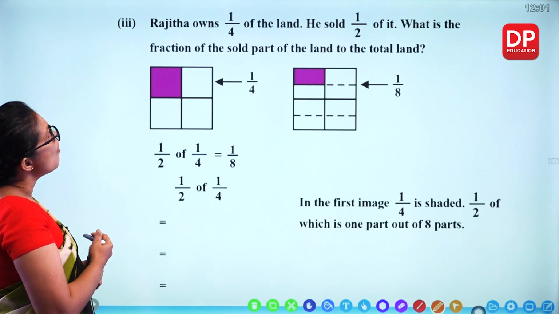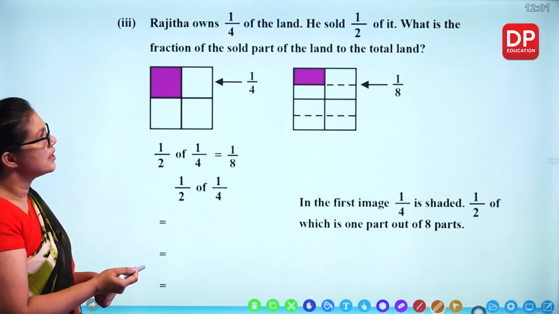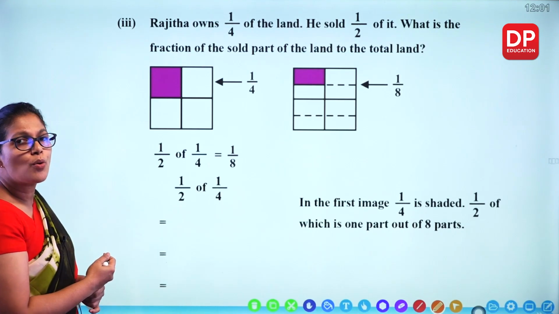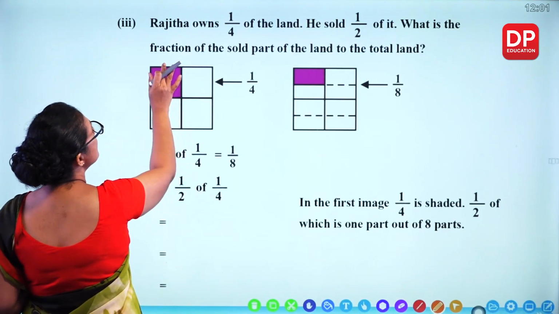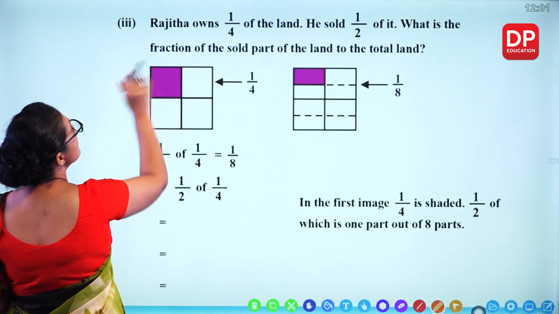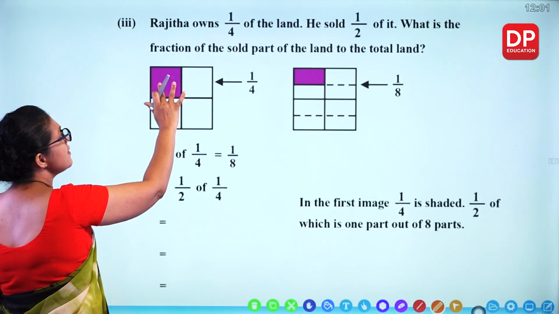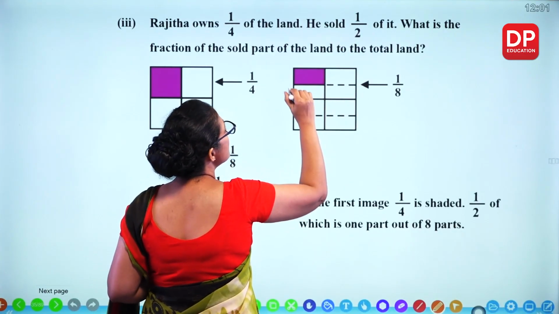Rajitha owns 1/4 of the land. He sold half of it. What's the fraction of the sold part of the land to the total land? So this is 1/4, Rajitha's part. So I'm dividing this into half.